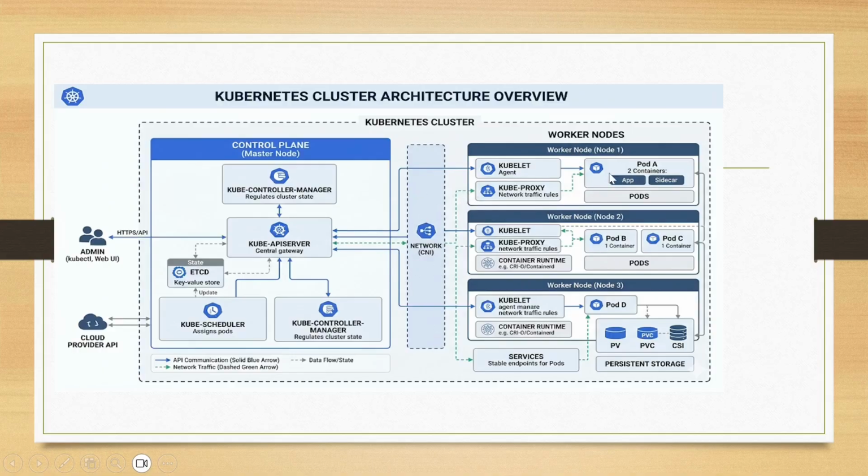There might be multiple worker nodes and also multiple control plane nodes. For a high availability architecture, we require at least 3 master or control plane nodes, and also at least 2 or 3 worker nodes.